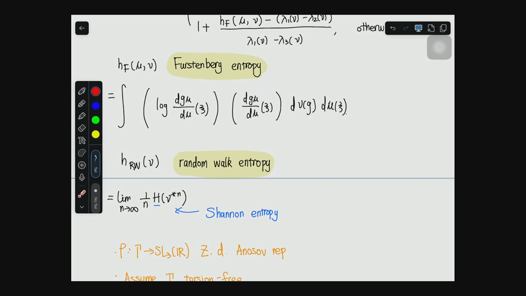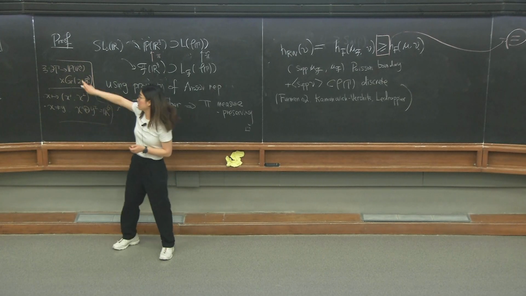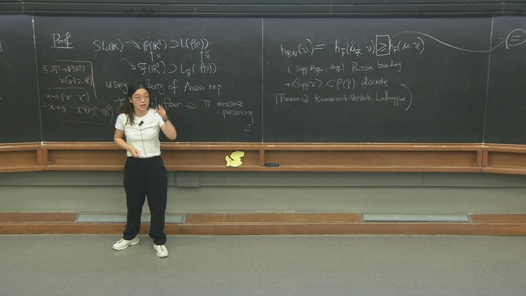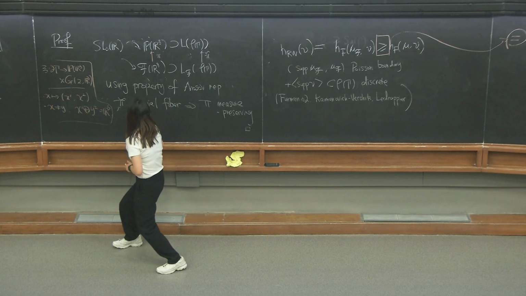This one? So basically, you consider the Cartan projection. For example, in the first copy, we have this KAK decomposition.